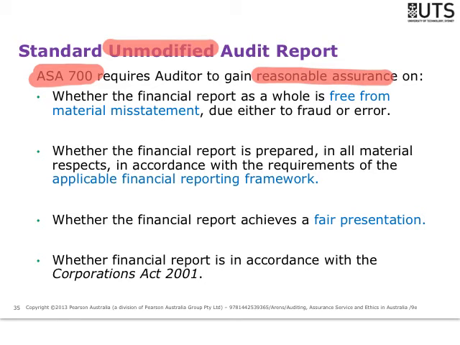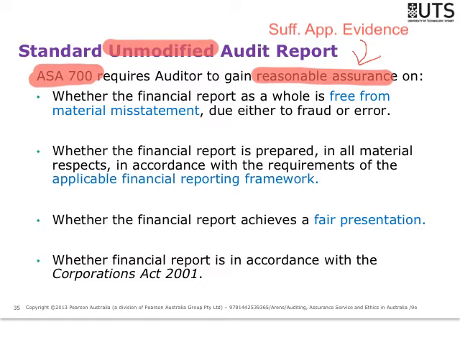So reasonable assurance is sufficient, appropriate evidence. Okay? That's what it means to have sufficient reasonable assurance. It means we have sufficient appropriate evidence, enough reliable evidence to be reasonably sure of our result.